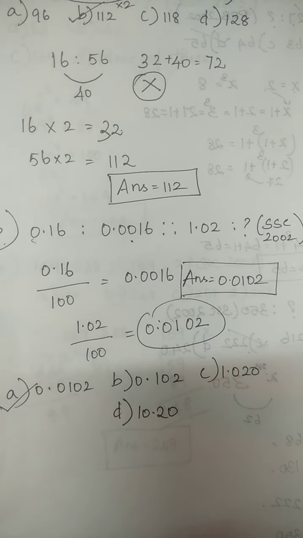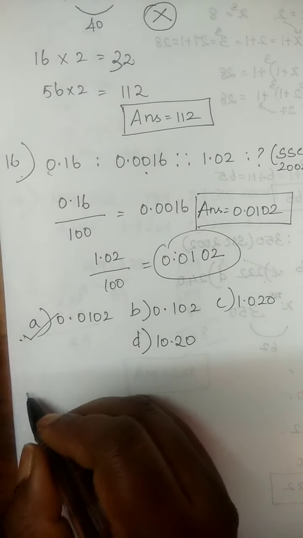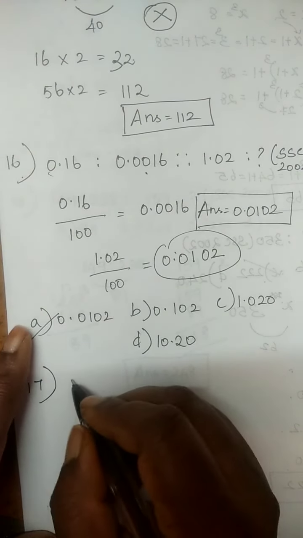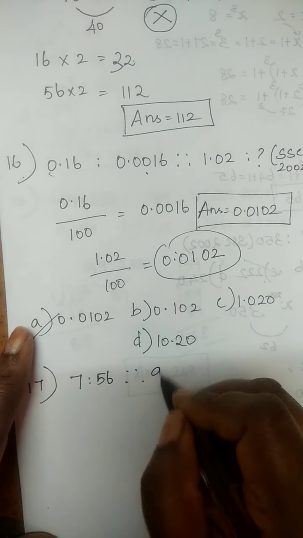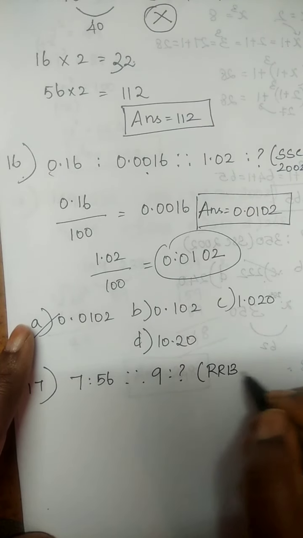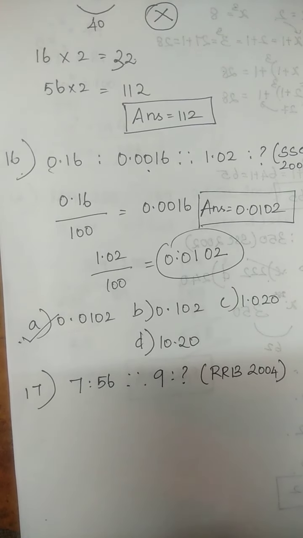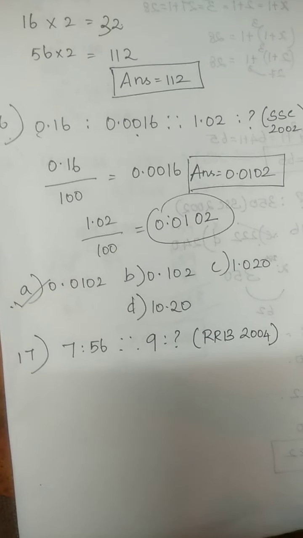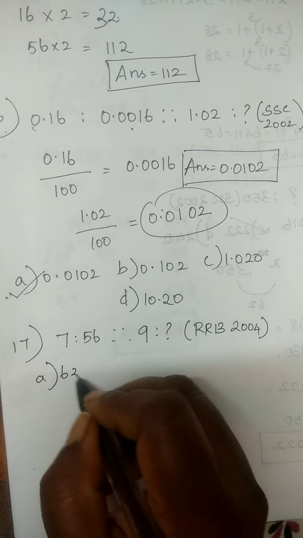Now we are moving to the next sum. The next sum is also a simple sum. On seeing the question, we can easily say the answer. Can you find the answer? This is a simple sum.